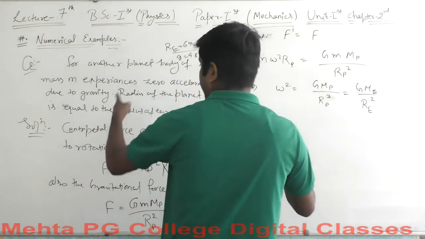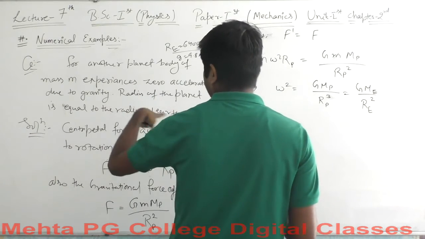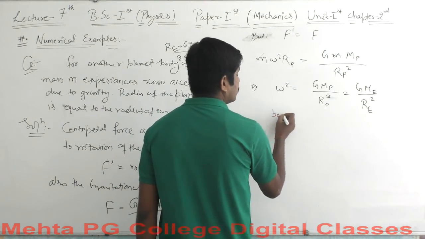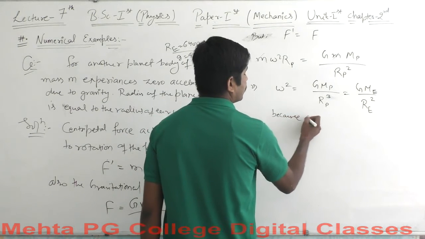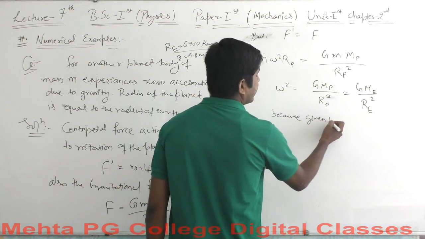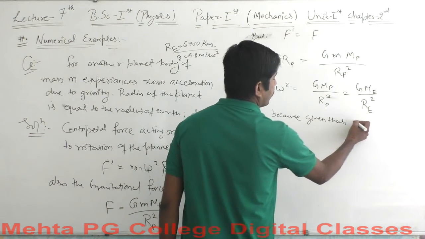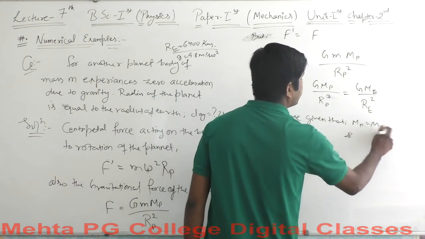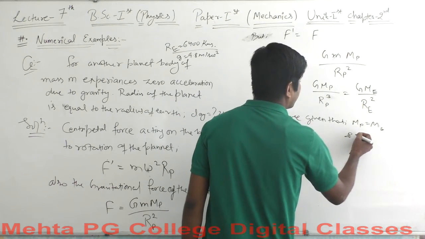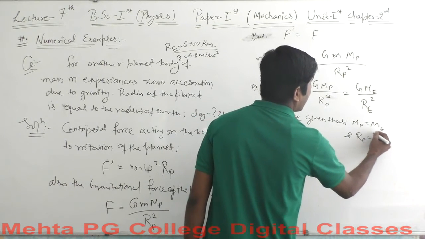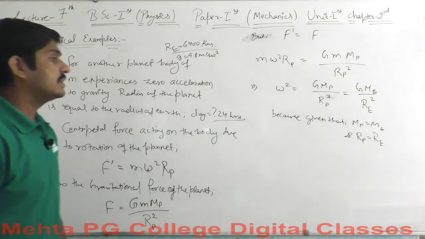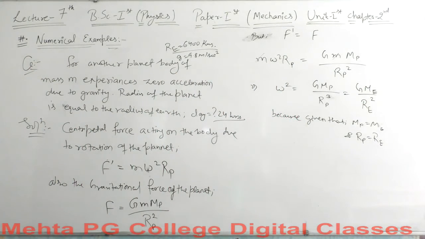The mass of the planet is equal to the mass of the earth, and the radius of the planet is equal to the radius of the earth. Given that mp is equal to me and rp is equal to re. These are the things that have been given there.